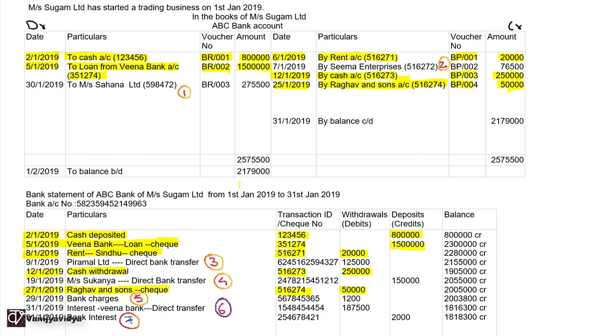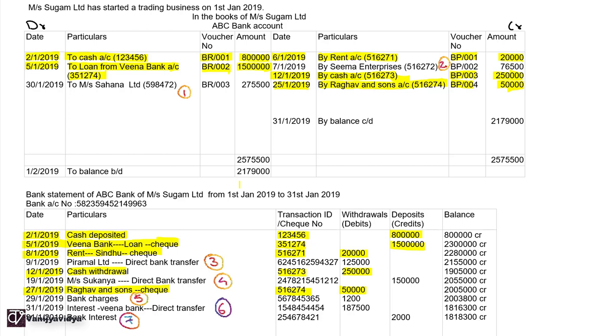So what has happened here is, since there is a direct credit in our bank statement, our balance in the bank statement has increased, but the same is not recorded in our bank account as per books.